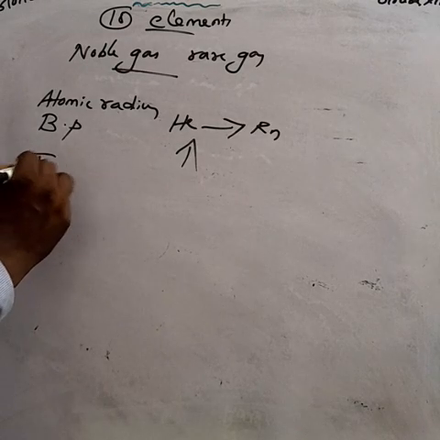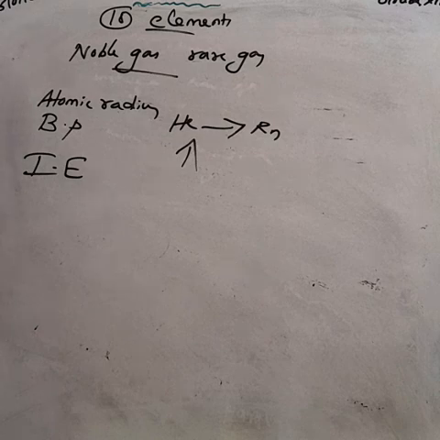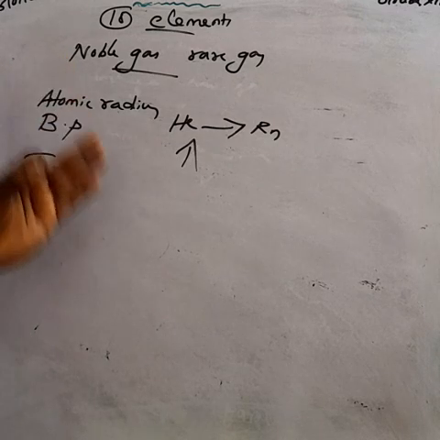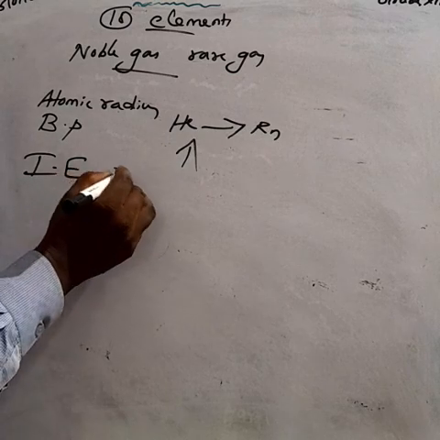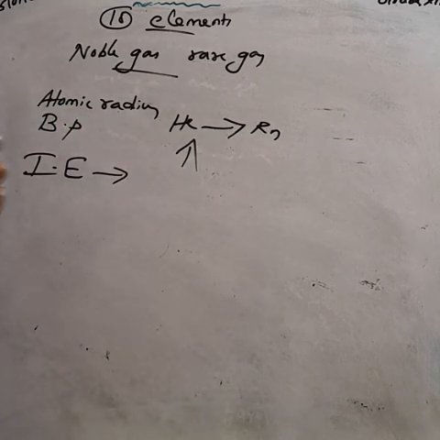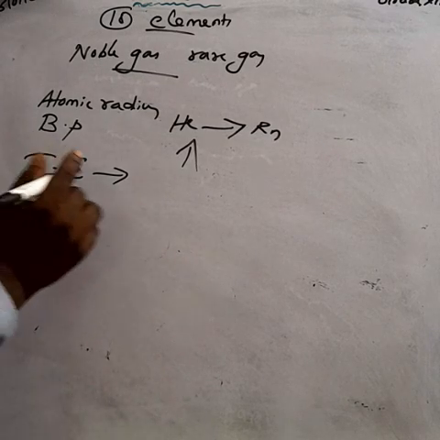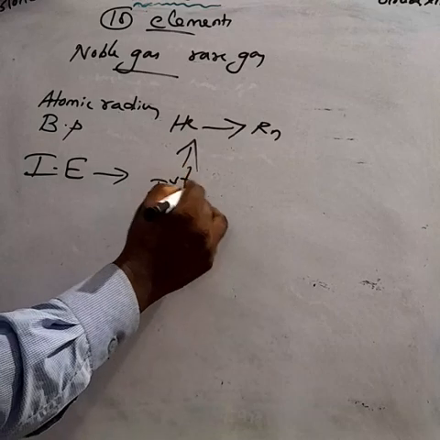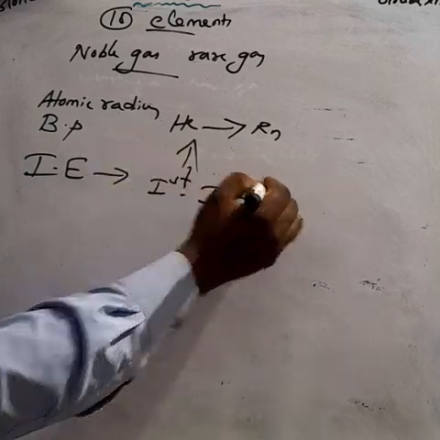Already we learned about the ionization energy. What is ionization energy? The amount of energy required to remove the most loosely bound electron in the gaseous state, that we call ionization energy. But here, the first ionization energy decreases from helium to radon.